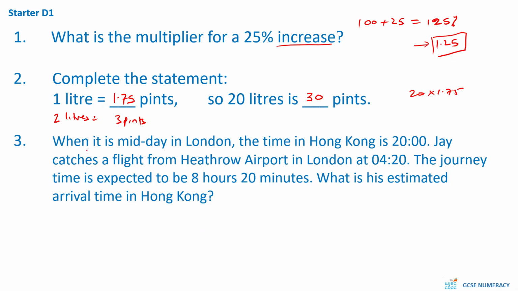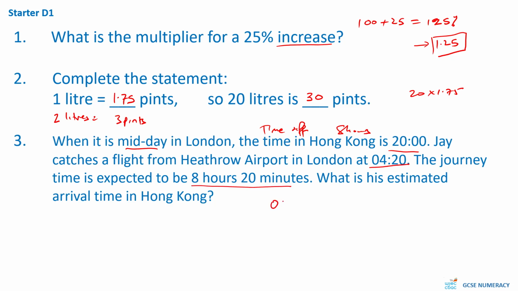And on the last question here, when it's midday in London, time in Hong Kong is 800 hours. So that's a time difference from midday to 800 hours of 8 hours. Time difference. J catches a flight at 0420. The journey takes 8 hours and 20 minutes.